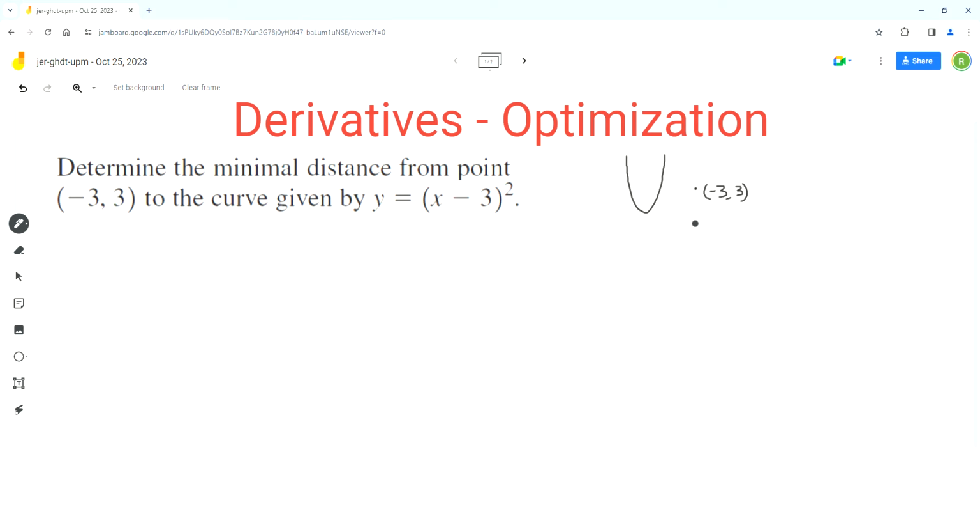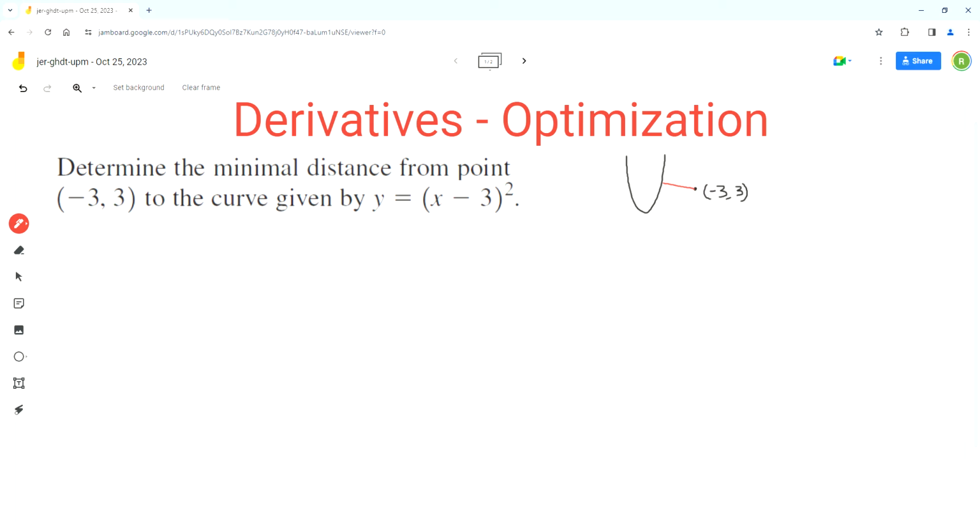Now we have to find the minimum distance between this point and the parabola. As per this diagram, the minimum distance will be represented by this red line joining the given point and the given curve.